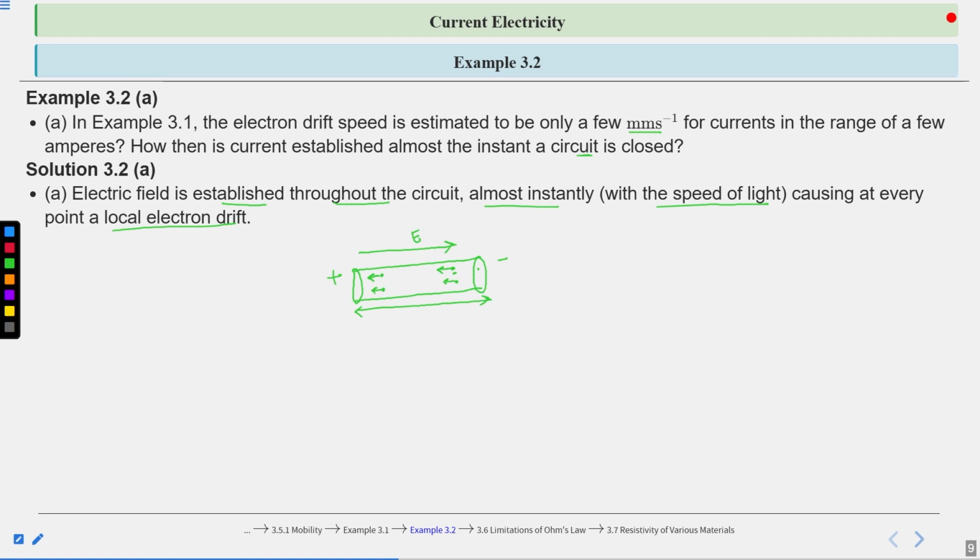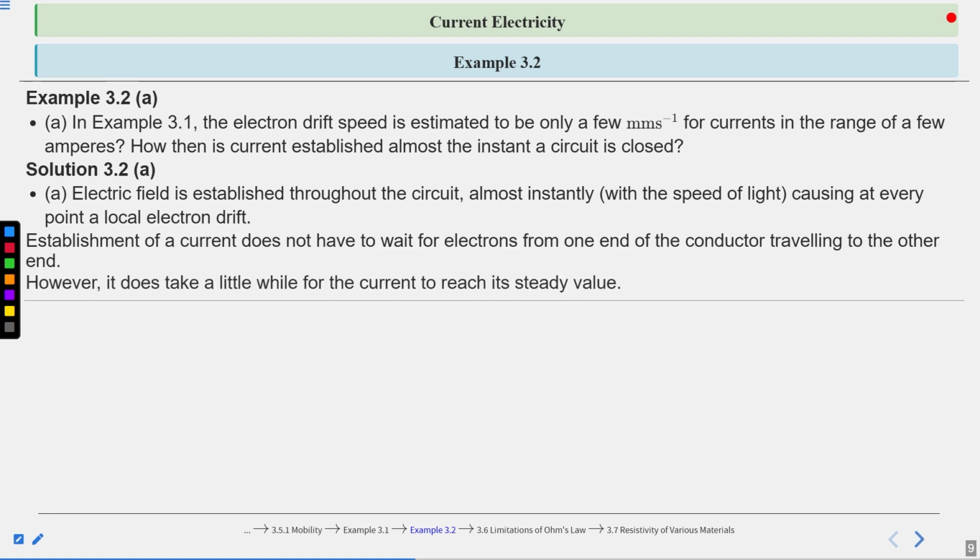So local drifts happen in this region, due to which all the electrons experience force at the same time. So current will get established. This is the mechanism. Electrons will start flowing, but it is not due to a single electron at that end. Current is due to all the electrons present in the conductor.